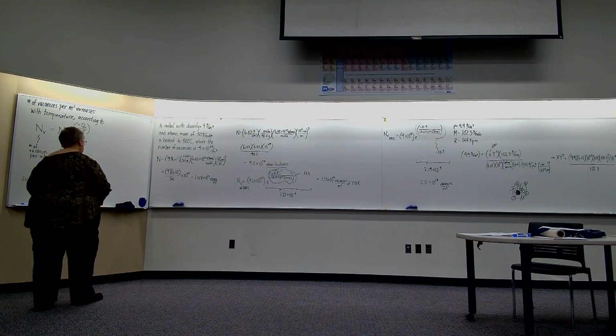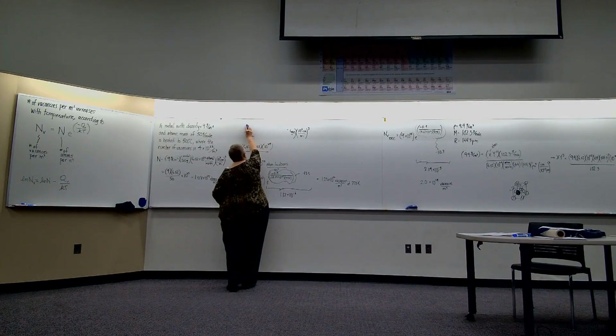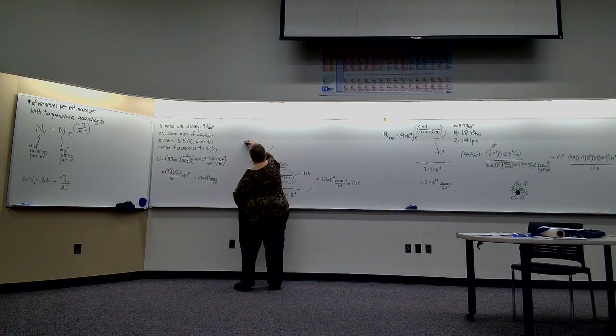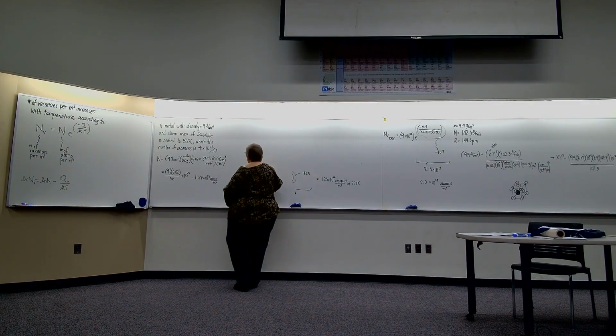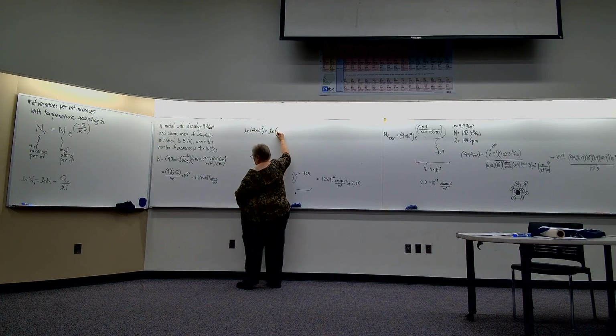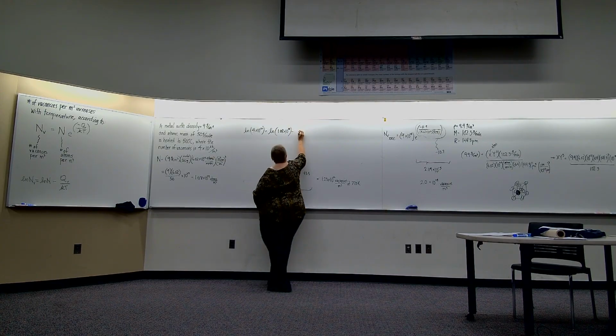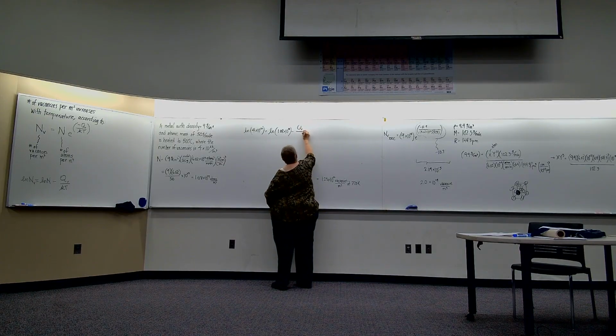All right. So the natural log of 4 times 10 to the 22, equals the natural log of 1.08 times 10 to the 29, minus Q over 8.62 times 10 to the minus 5 times 773.